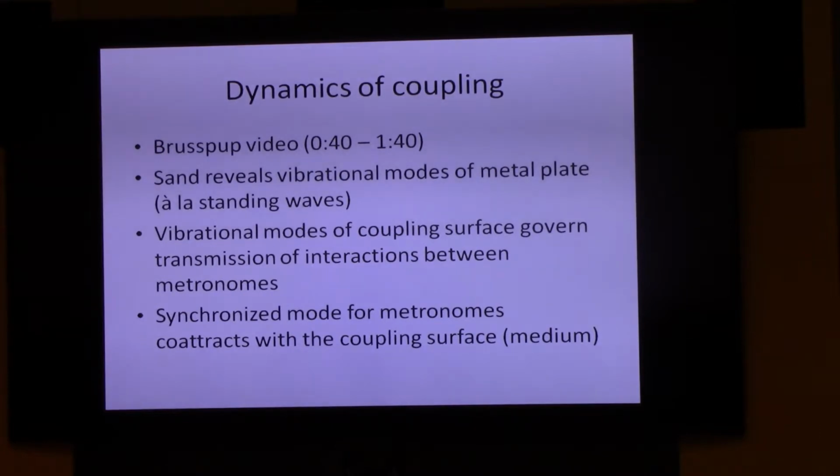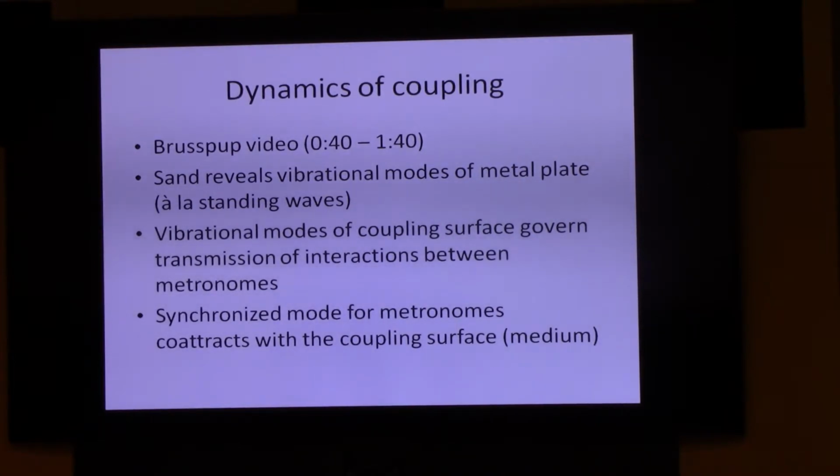Okay, so we look at the phase of the metronomes relative to one another and see how they have a trajectory of being out of phase and in a relatively disorganized state, and then they proceed into an attractor in which they're phase synchronized.